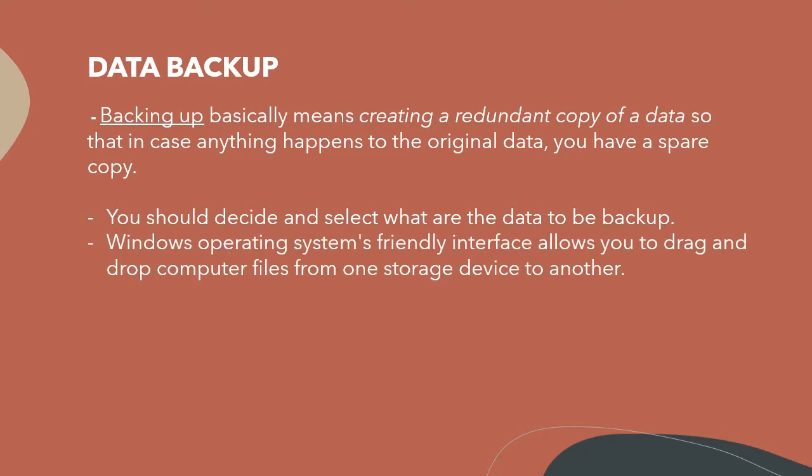Windows operating system's friendly interface allows you to drag and drop computer files from one storage device to another. So actually copying a file to your flash drive or to a CD or external hard disk can be considered as data backup already. So if you are doing that, then that means you're actually backing up your data.